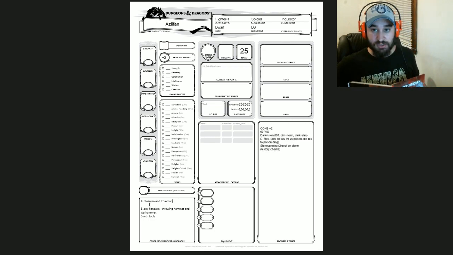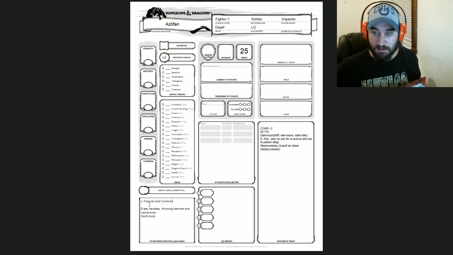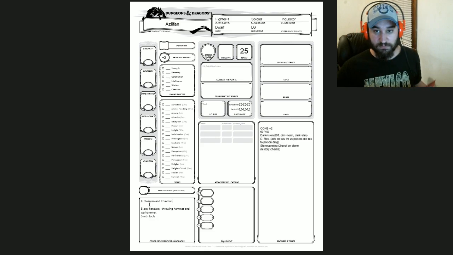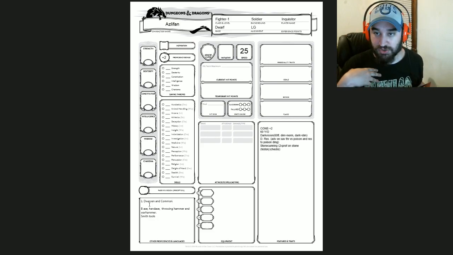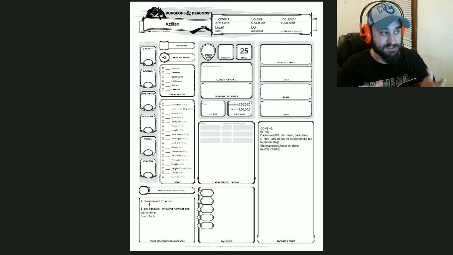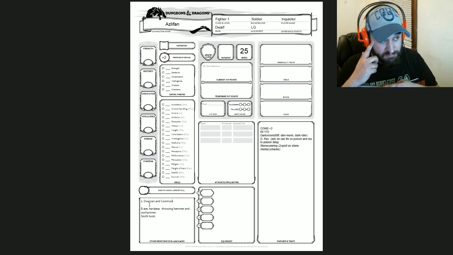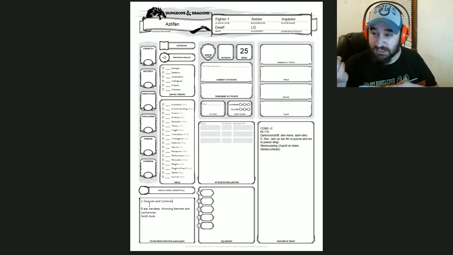So, personally, for this particular category, I chose the Mountain Dwarf. But it wasn't my choice. My choice was not based on stats. It was based on how I wanted to roleplay my character. Since I am playing a fighter, the proficiency doesn't matter because you get it as a fighter.